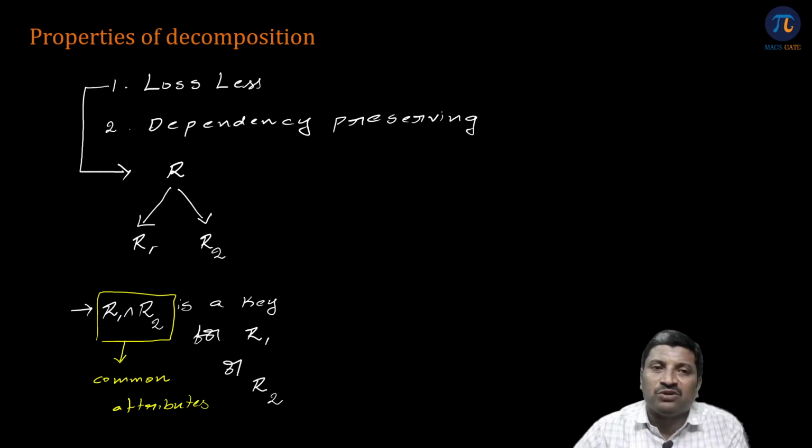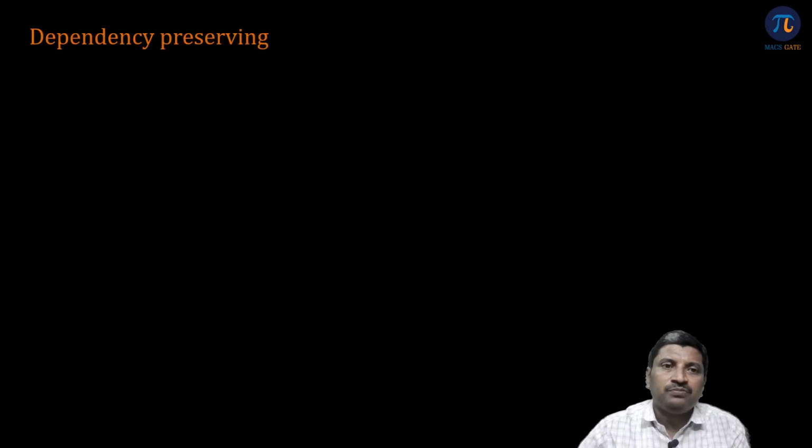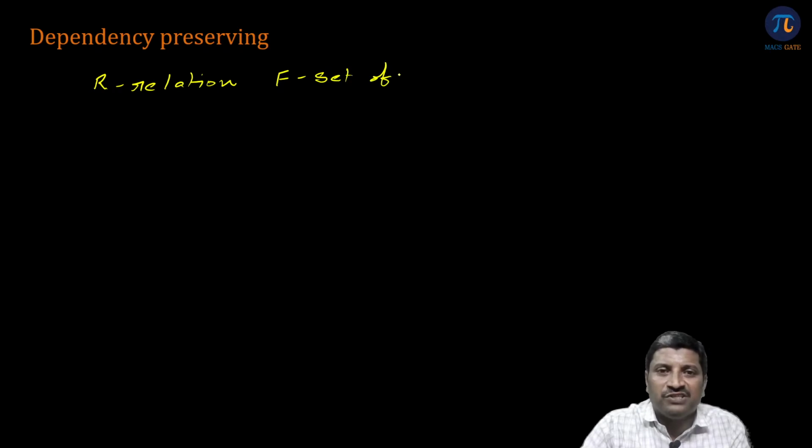Now in this session we are going to discuss the second property, which is dependency preserving. What is the rule or condition to verify whether the decomposition is dependency preserving or not? Suppose R is the relation and F is the set of valid FDs.